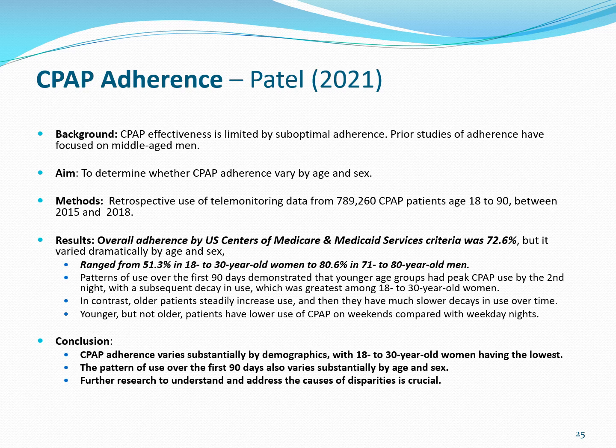But they actually looked at the U.S. Medicare, Centers for Medicare and Medicaid Services, CMS, and they looked at a lot of the patients that were within their database. Age range from 18 to 90, and looking at years 2015 to 2018. Overall adherence by U.S. Centers for Medicare and Medicaid Services criteria was 72.6%, almost 73%.